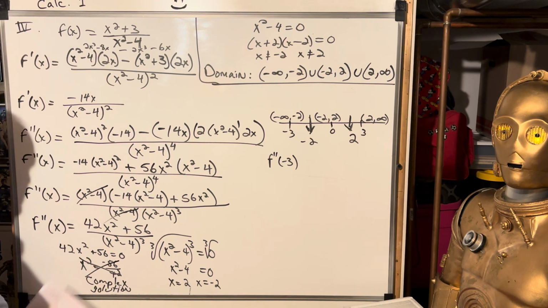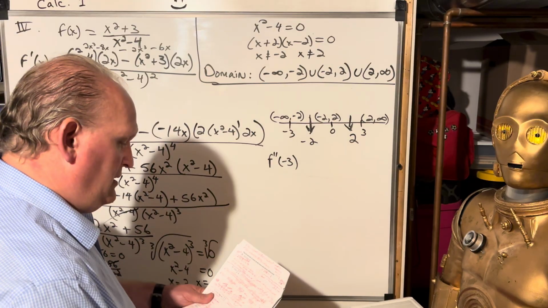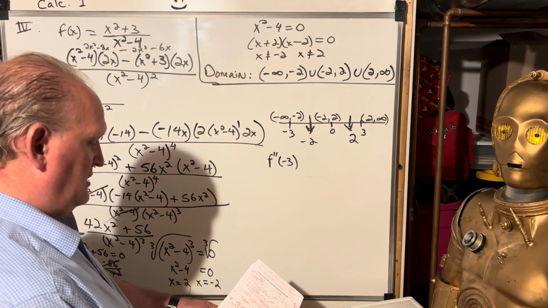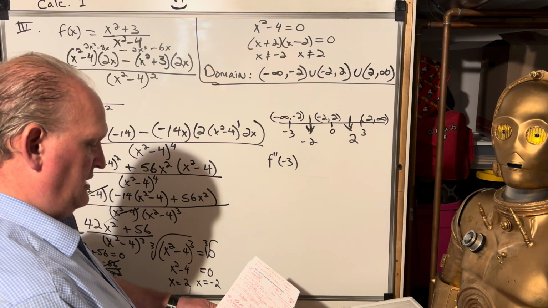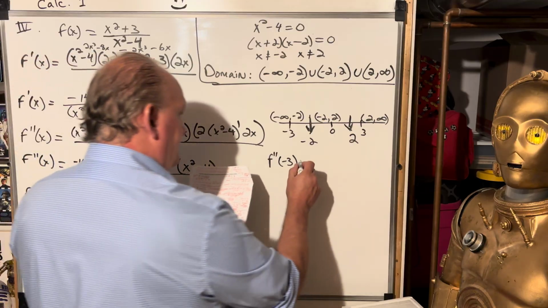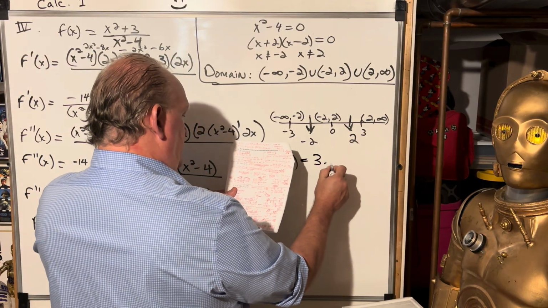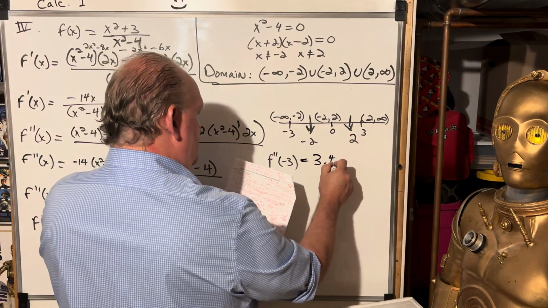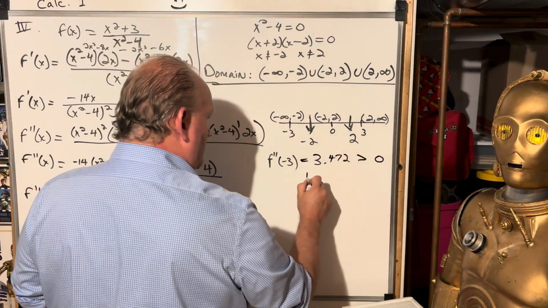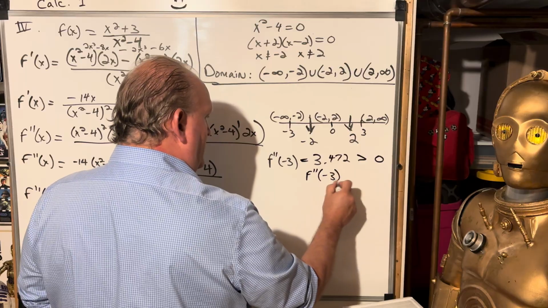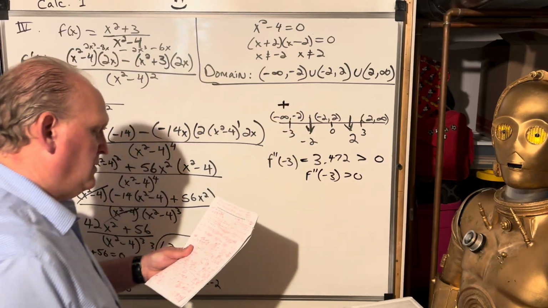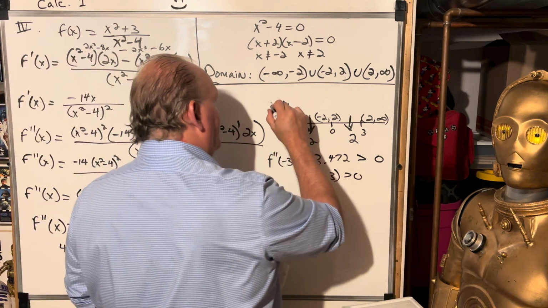So 125 on the bottom. And so when you divide that out, I think you get approximately 3.472, which is positive. So f double prime of -3 is positive. So that means this is positive. So that is concave up.